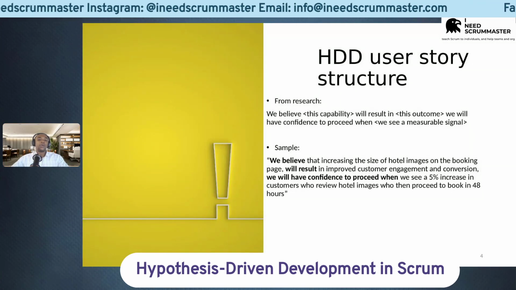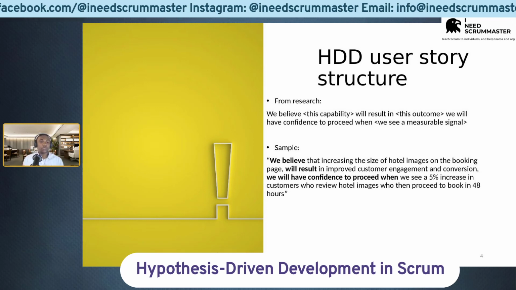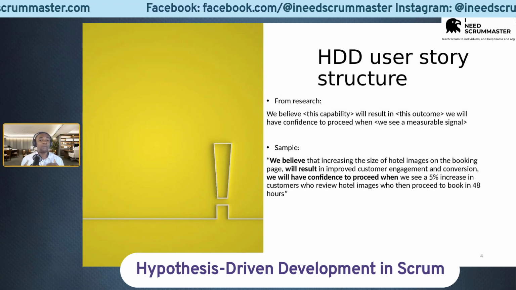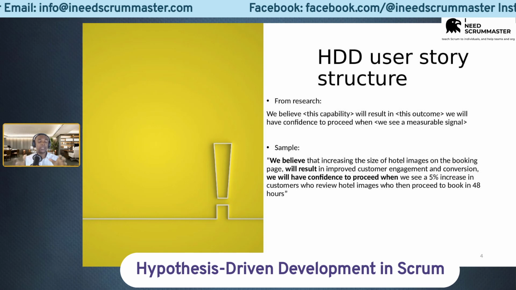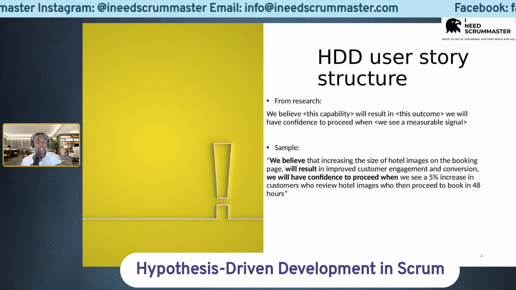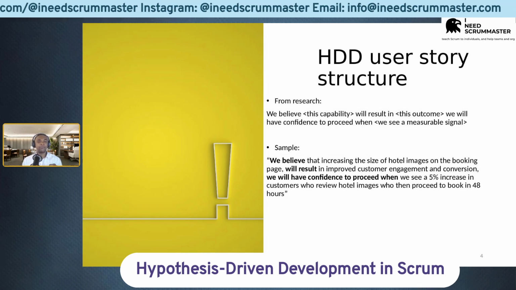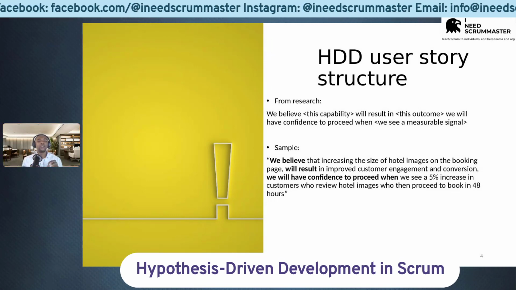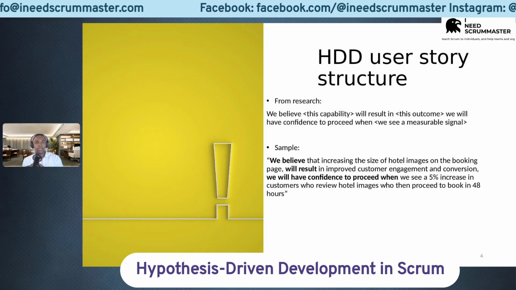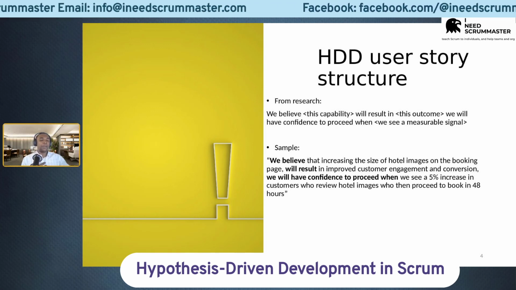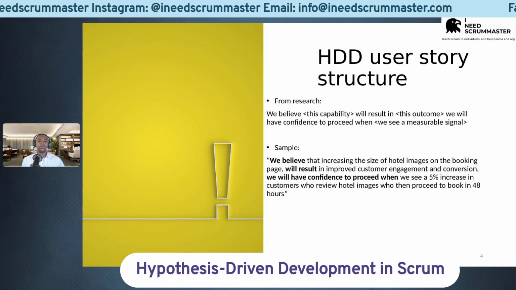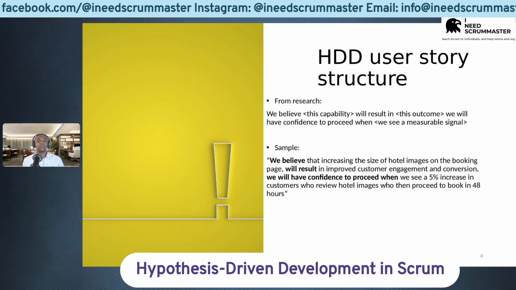Now, HDD user stories have a structure like the previous one I just showed you on the previous slide, right? As a Scrum Master myself, I have worked with a product owner who understands HDD and how to use it. From research and from my experiments, the format to structure the HDD user story starts with: we believe that this capability or this functionality would result in this outcome, and we will have confidence to proceed when we see a measurable result.